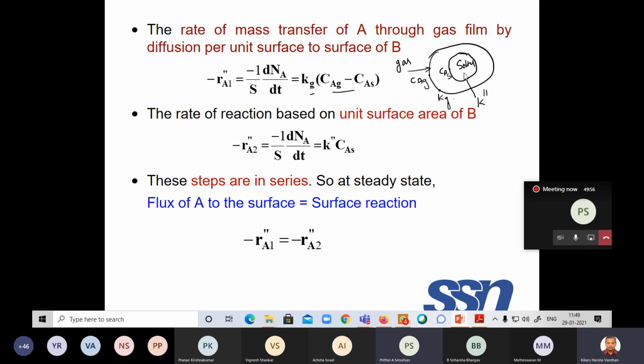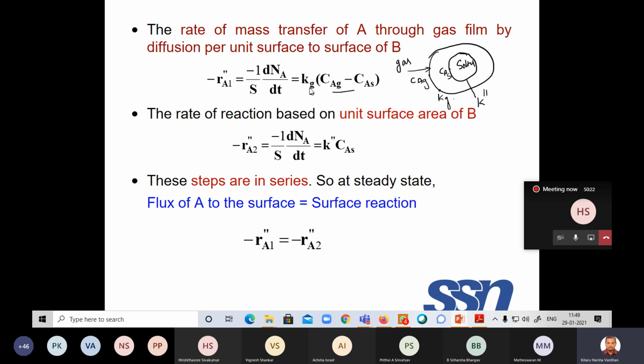Okay, sir. So K prime is the rate constant, sir. Yes, you can assume it is the rate constant. If there is no mass transfer involved, this K prime is equal to K in a homogeneous reaction, because you are writing rate as K, the temperature-dependent term, into the concentration-dependent term.